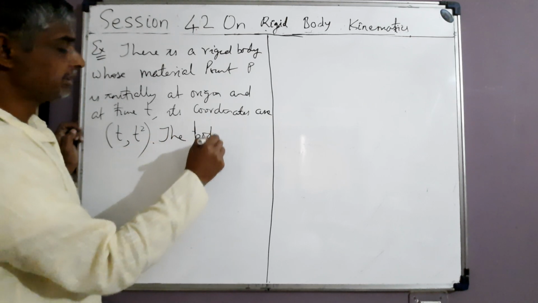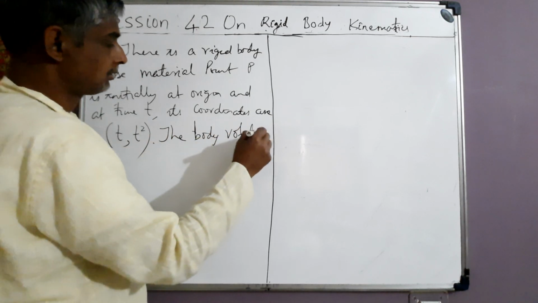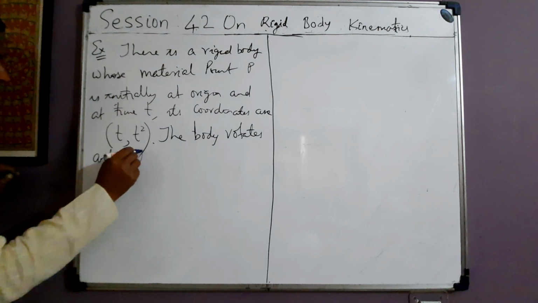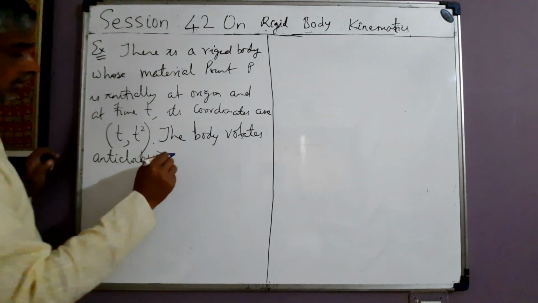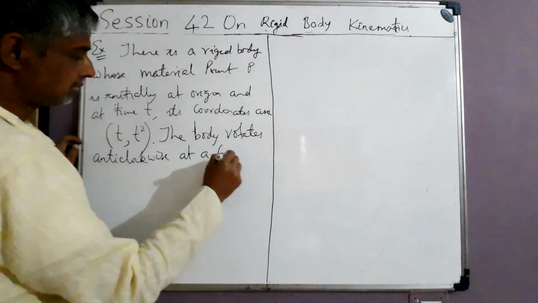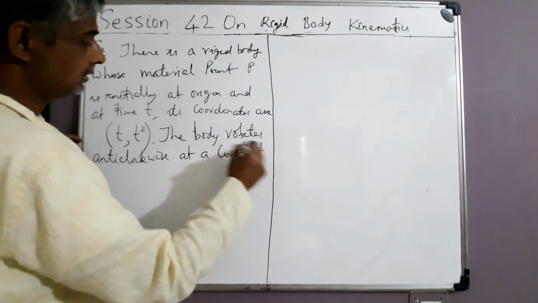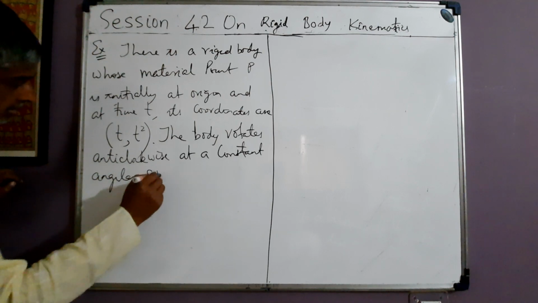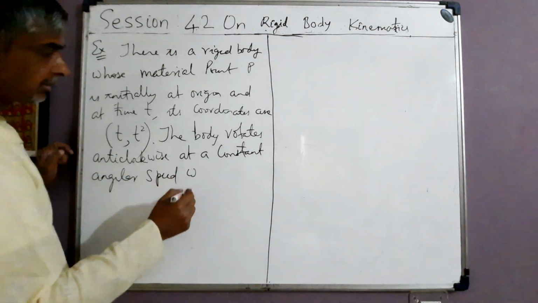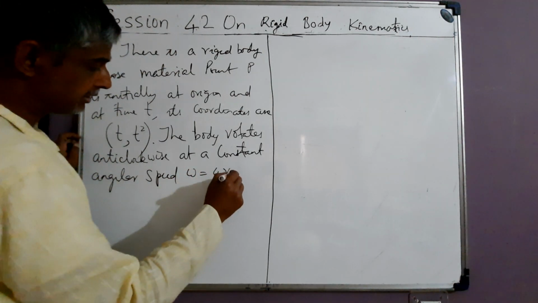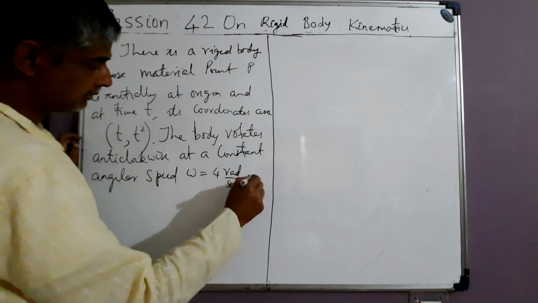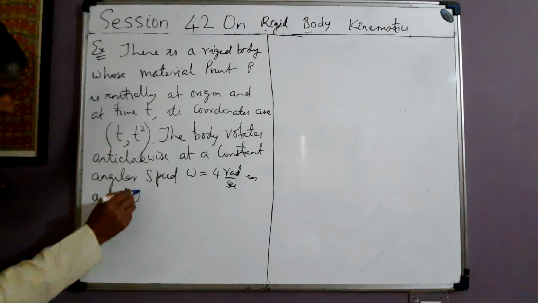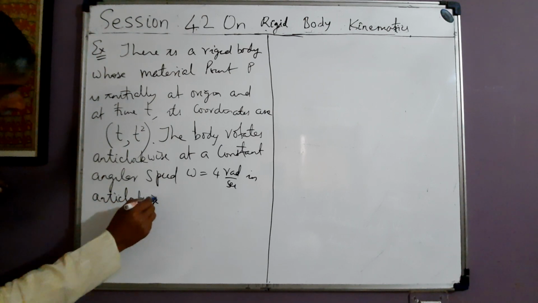The body rotates anti-clockwise at a constant angular speed omega equal to 4 radian per second in anti-clockwise sense.